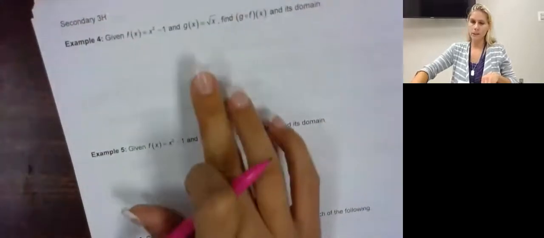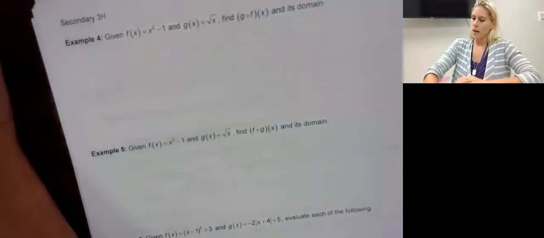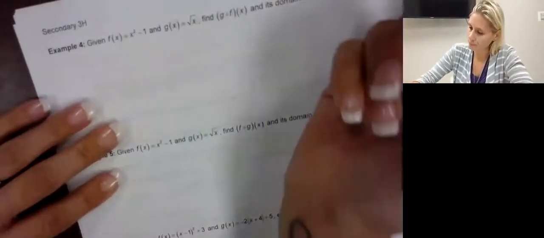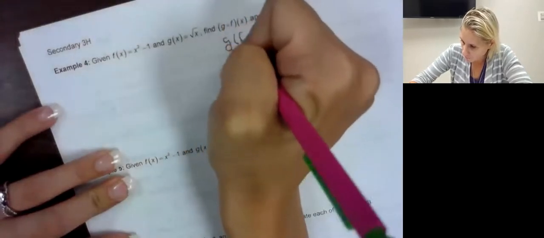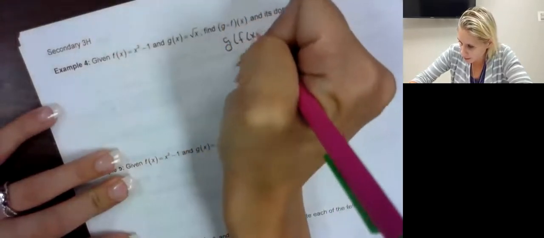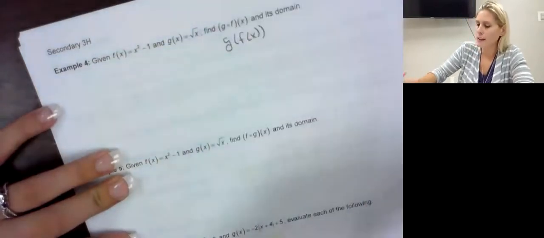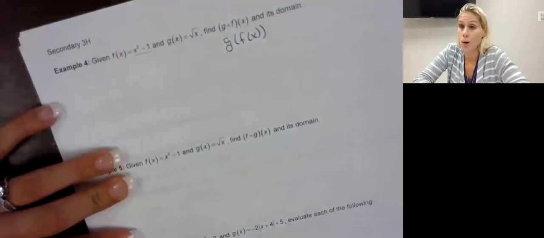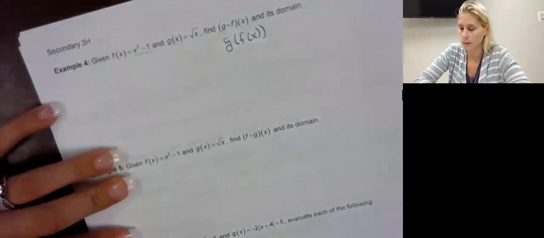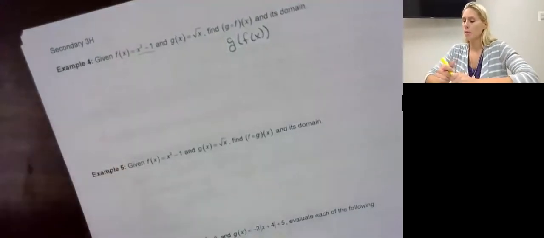Let's see what else they have for us here. Oh, look, we're getting into our square roots. All right. Whew. Okay, so again, we have g on the outside, f of x on the inside. Let's look at our f of x function. It's a quadratic, so there's no problem. All real numbers still. So now let's do our composition.